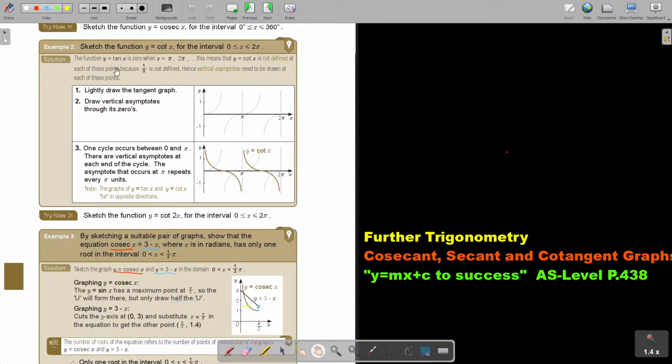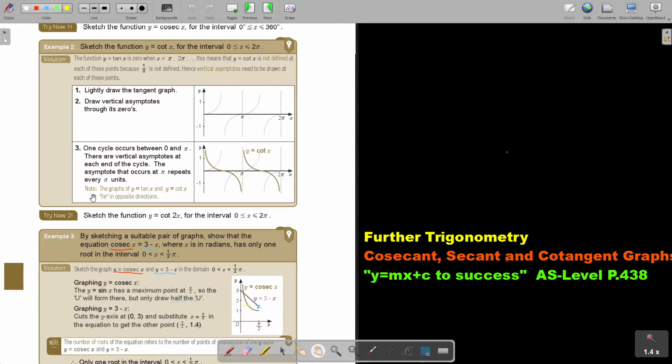So what we said, if we cot x, we likely draw the tangent graph. Then we draw the vertical asymptotes through its zeros. So there it was 0, there it's 0, there it's 0. Now one cycle occurs between 0 and pi, but there are vertical asymptotes at each of the zeros. The asymptotes that occur at pi repeat every pi unit.